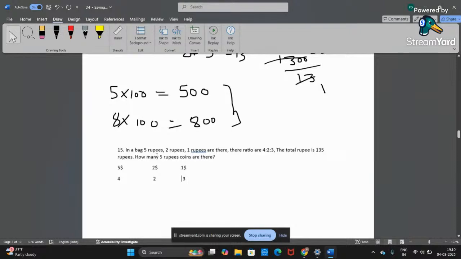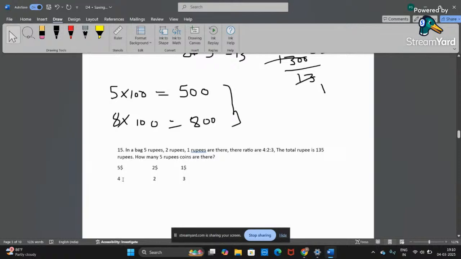In a bag, there are 5 rupee coins, 2 rupee coins, and 1 rupee coins in the ratio of 4 is to 2 is to 3. So this is not the exact value. They have given it in ratio form.